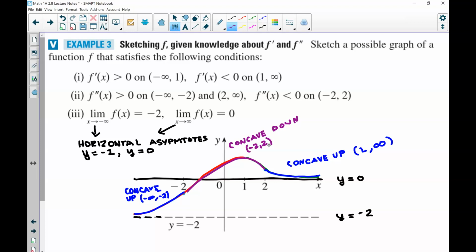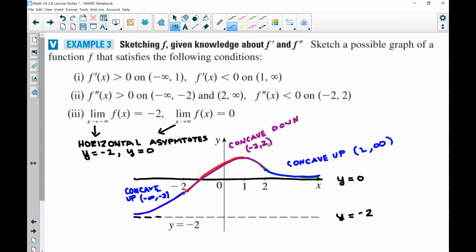We then draw the graph of the function f approaching this asymptote at the far left, increasing to its maximum point at x equals 1, and then decreasing towards the x-axis as x approaches infinity.